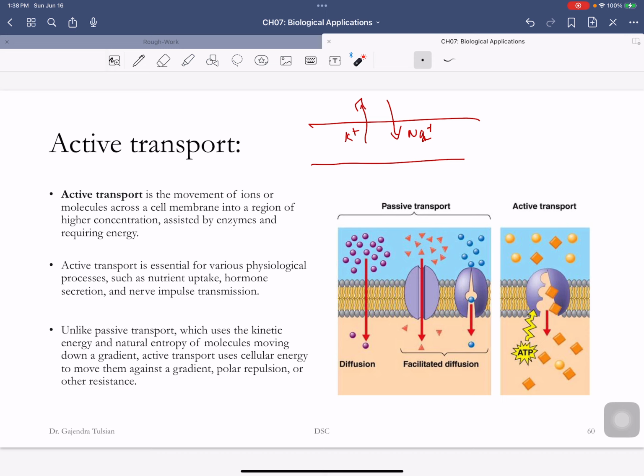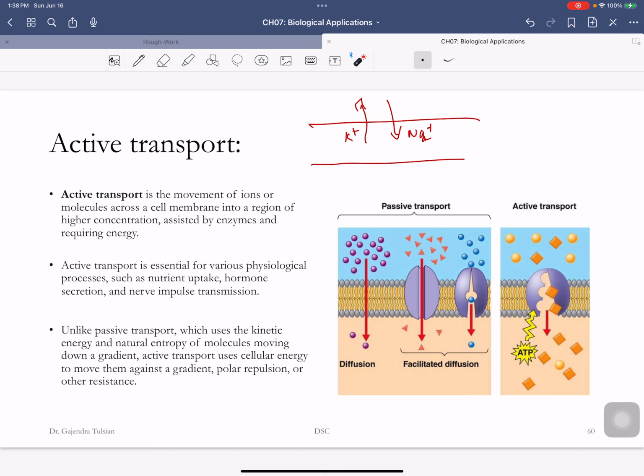Okay, and then when you want to reset, you have to pump sodium ions back outside, and you're pumping them back against a concentration gradient, and that's active transport.